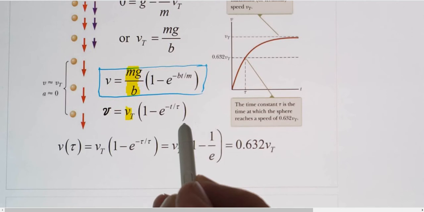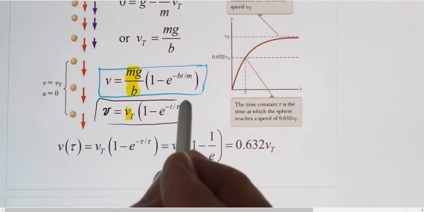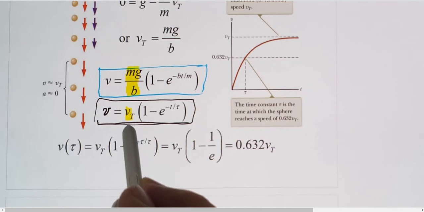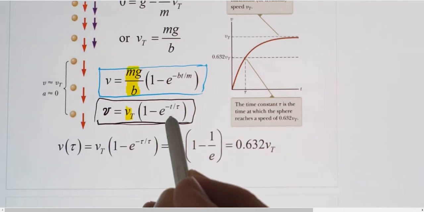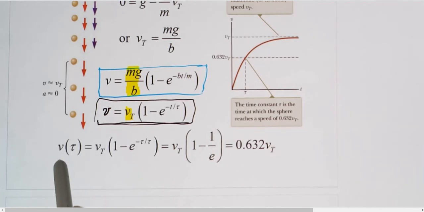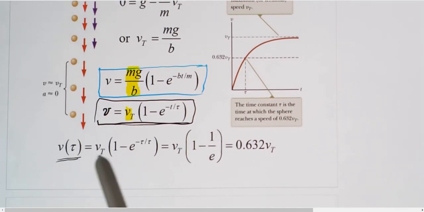So we have this equation now. So let's find the value of tau. Well, this is v of tau, the speed at time tau. We apply our equation.